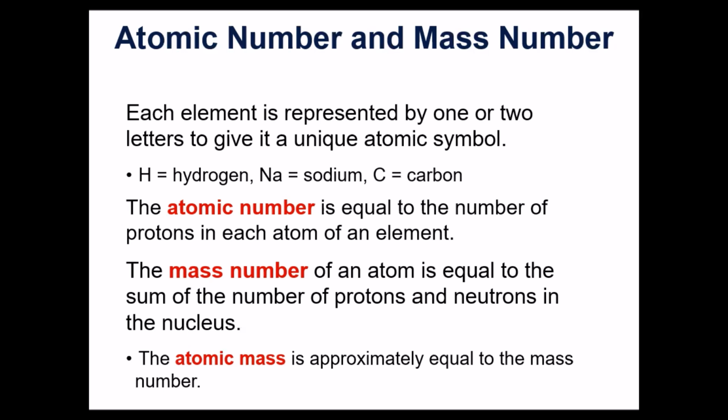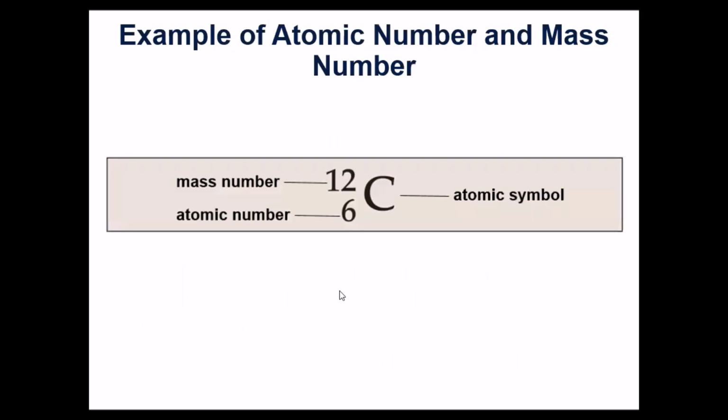But as we'll see in a little while, you have things called isotopes, which are versions of atoms that have different numbers of neutrons. So they take an average, and sometimes you'll see an atomic mass like 1.004 or something. It's not exactly equal to the mass number, but usually it's very close.